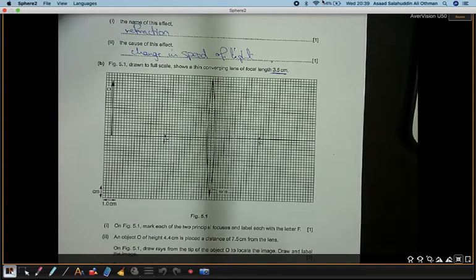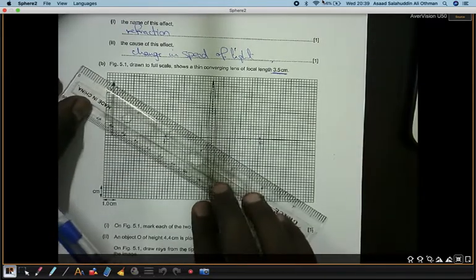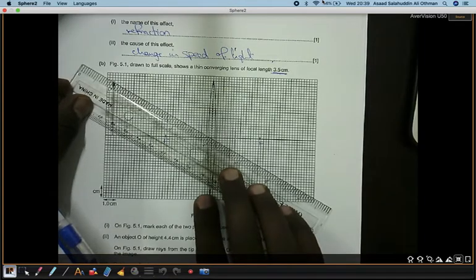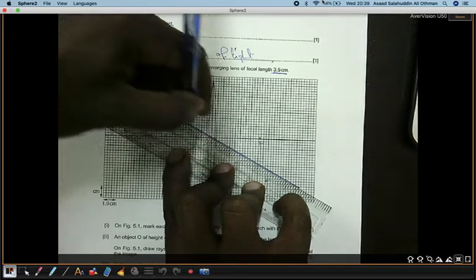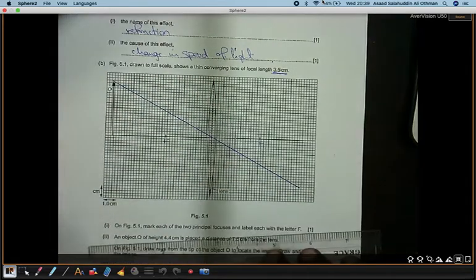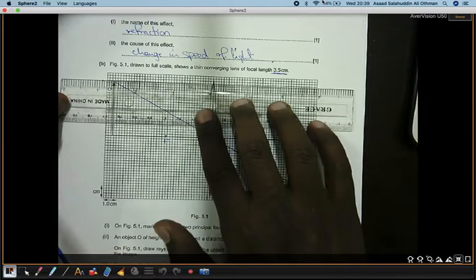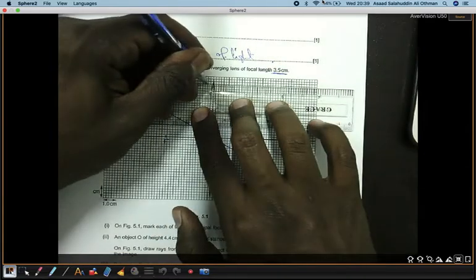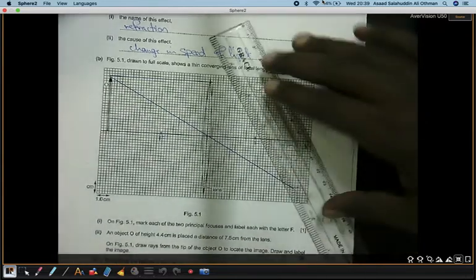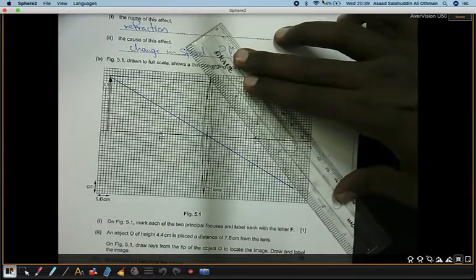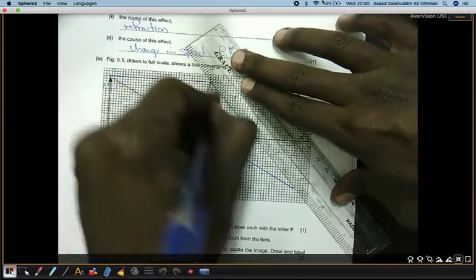Now draw and label the image. Remember, the first line goes directly through the center, like this. That's your first ray. You see that? The second ray goes from the tip to the lens, parallel. When it reaches the lens, it converges and passes through F like that.